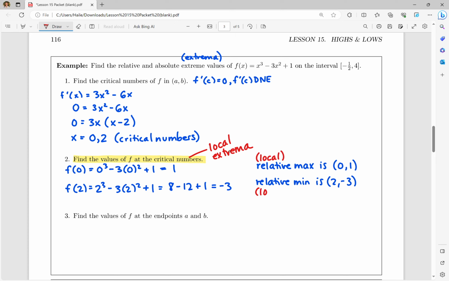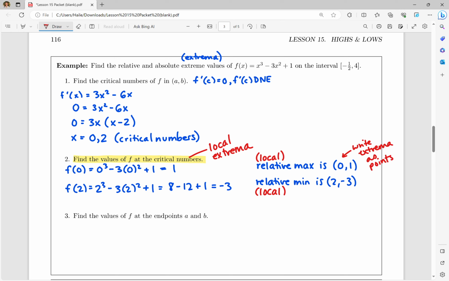Just be aware when you're working minimum and maximum problems, they will use these words local, global, relative, and absolute extremely interchangeably. So be aware of all of them. That's our relative max and relative min. Also notice that we write extrema as points.